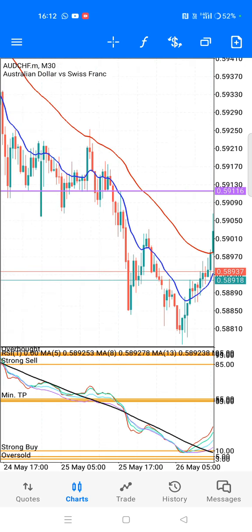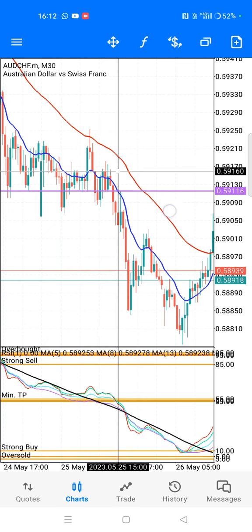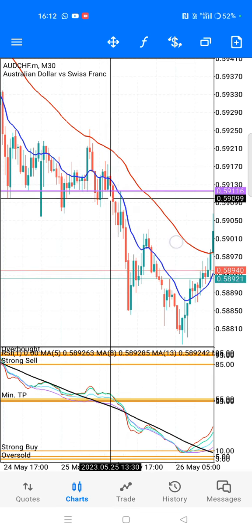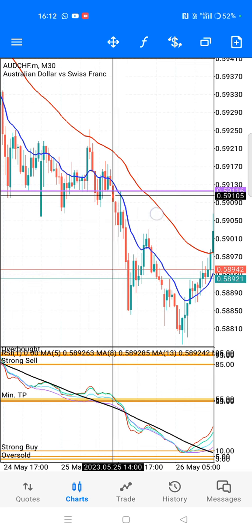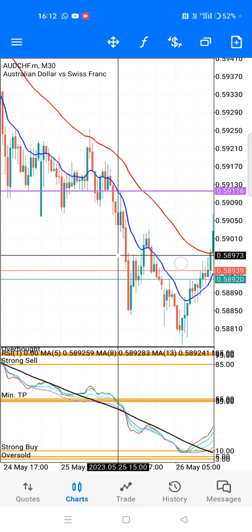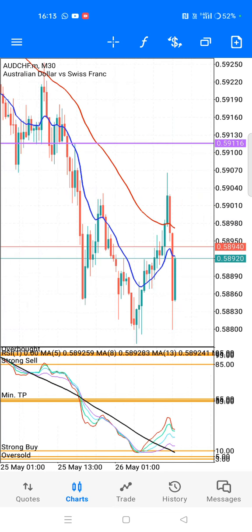So what I'm marking is the next SND zone. So this is the nearest one. If this current candlestick, let's say the next few candlesticks go up and up and up, it reaches this zone, I'm sure it's gonna bounce back down, unless there's news.